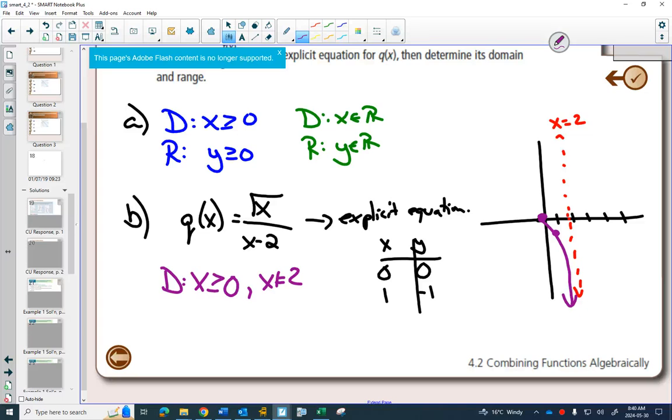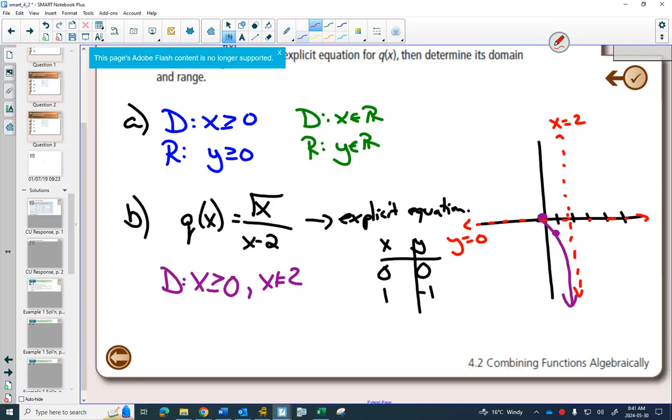Next, technically you can say there's going to be an asymptote at y equals 0 because the degree on the top is a half and the degree on the bottom is 1. So whenever the degree was bigger in your denominator, we had an asymptote at y equals 0.